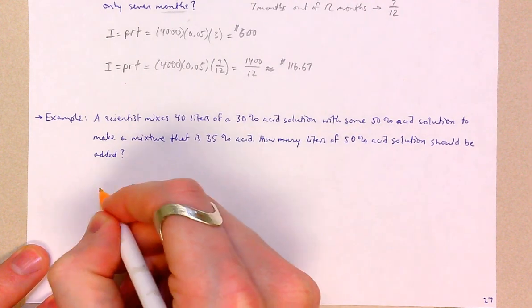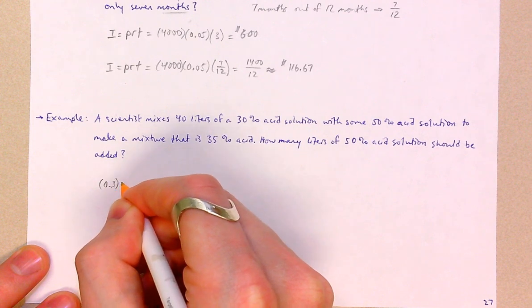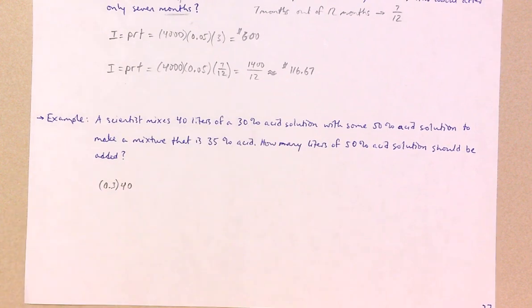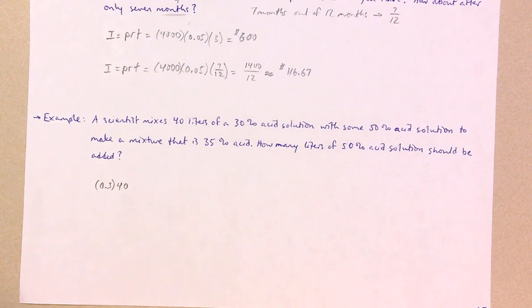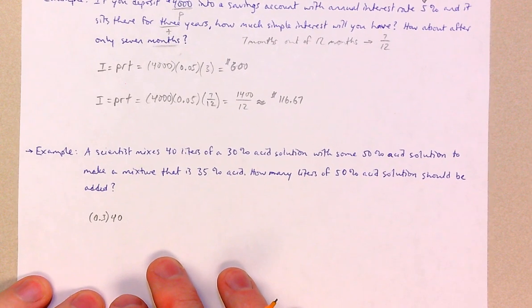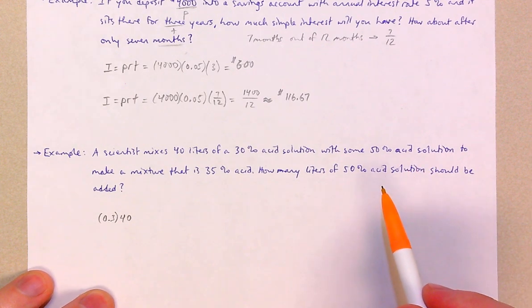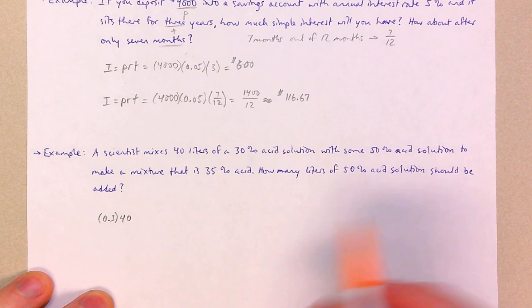So if I do 30% as a decimal, that is 0.3, and that's being multiplied by 40. And what that tells us is how much acid there is in this first solution here. Now, the other acid solution that I'm told that I have, I know that it's 50% acid, but I don't know how much of it I have here.